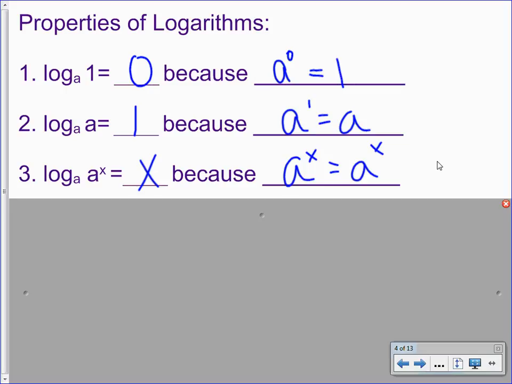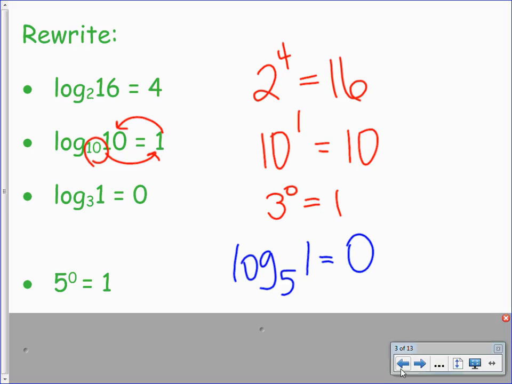I'm going to go back a slide very quickly. This log base 2 of 16, well, 16 is the same thing as 2 to the 4th, and so that logarithm is 4. That would be an example of that property.